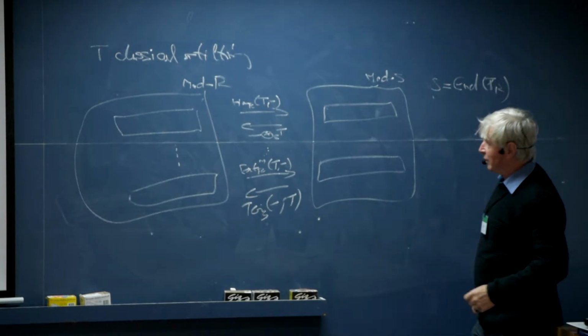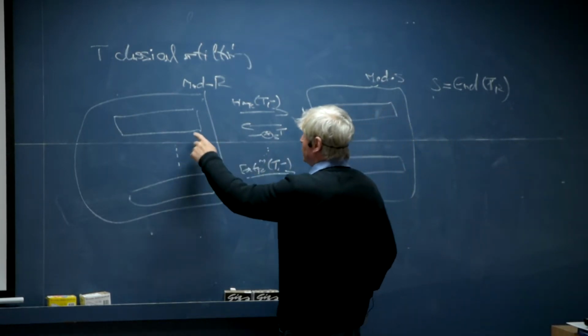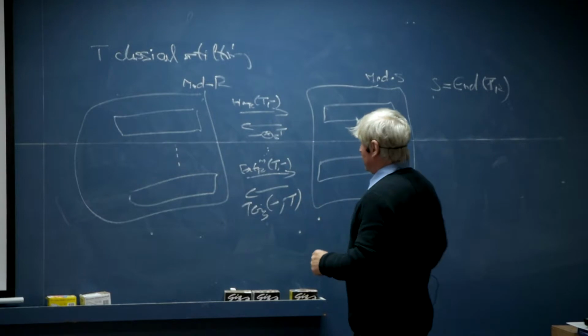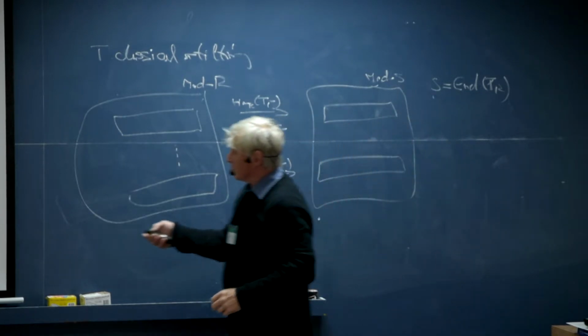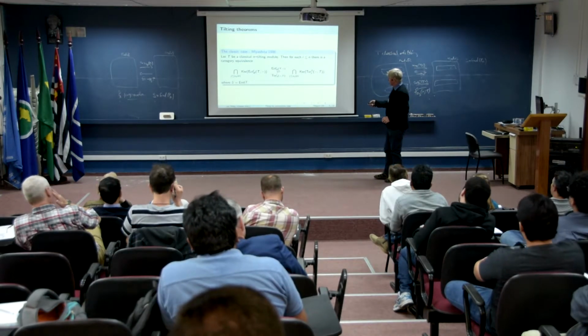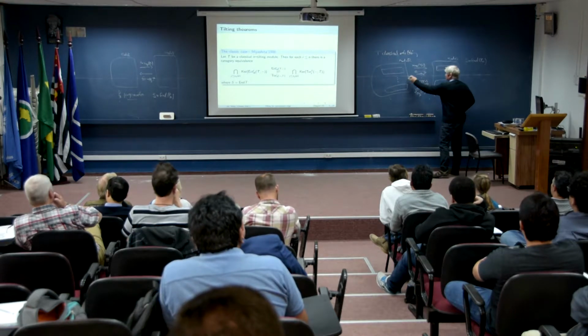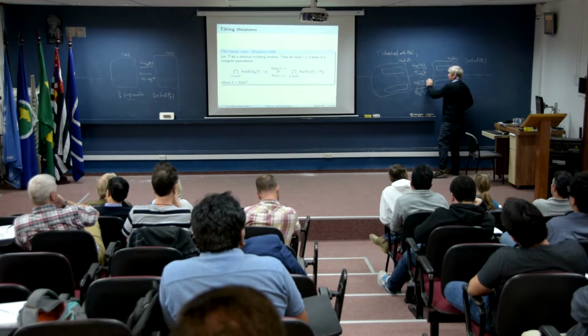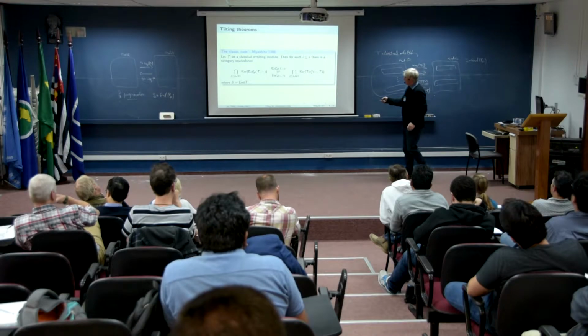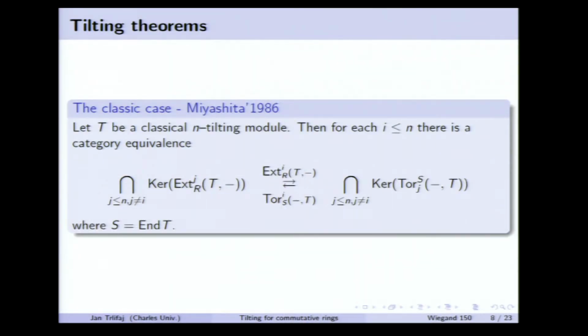The n+1 is 0. And the classes here are just those where the other functors vanish. So that's written here. If you are in the i-th step, so the Ext^i and Tor_i going back, then the classes on the right and left, the boxes here, are just the intersections of the kernels of the other functors.